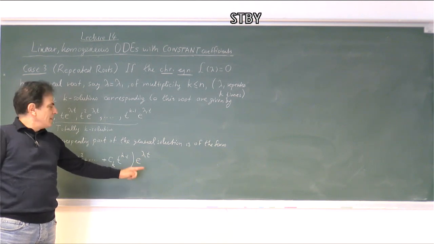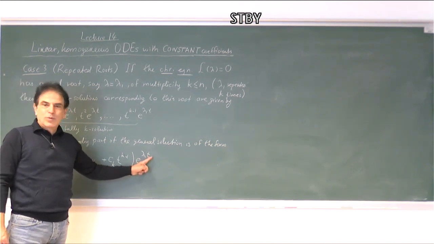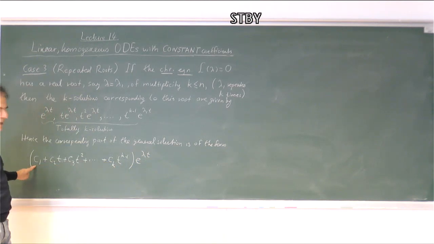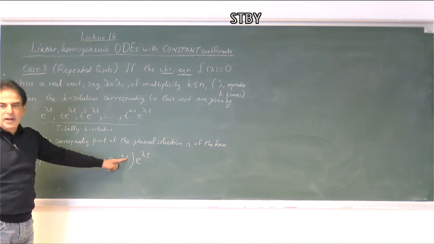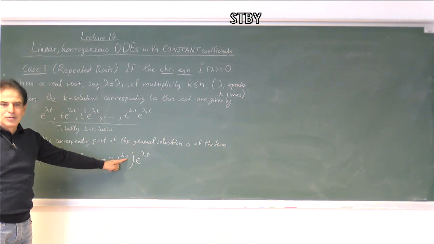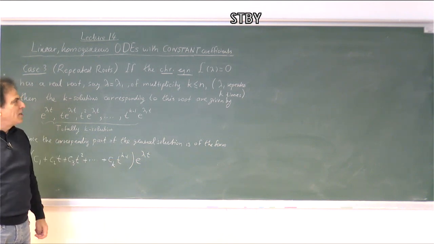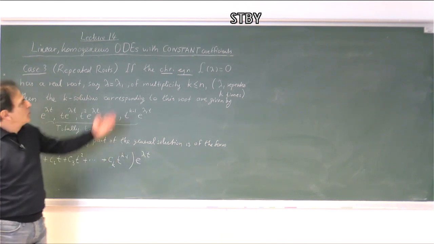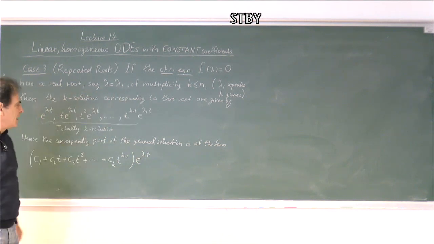In other words, we have an exponential multiplied by a polynomial in t of degree k minus 1, corresponding to a root with multiplicity k. Good?